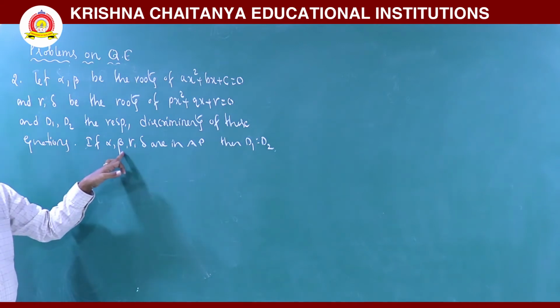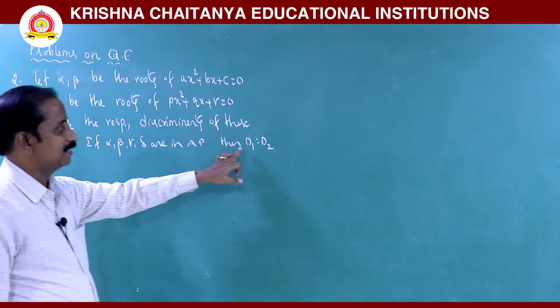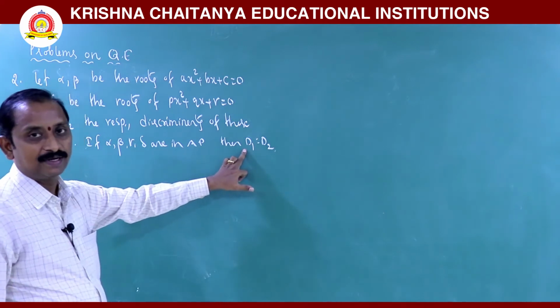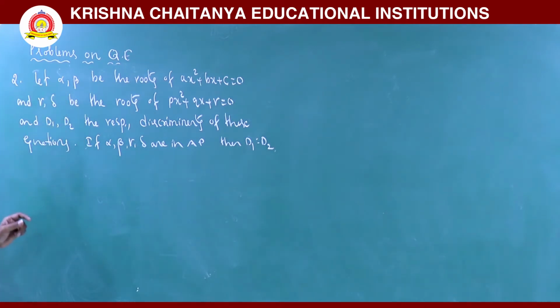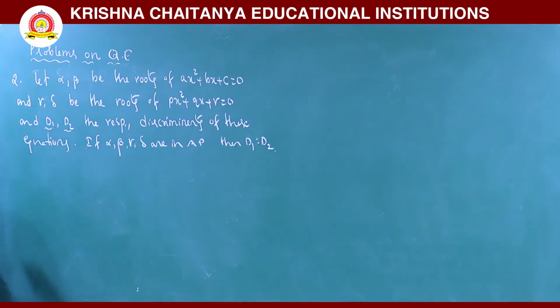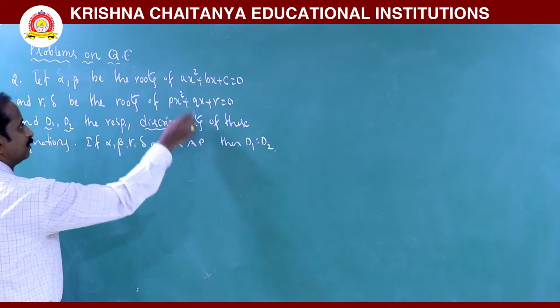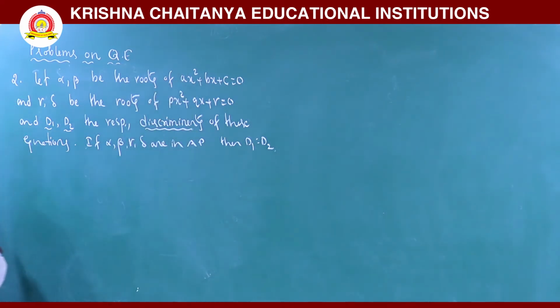If alpha, beta, gamma, delta are in arithmetic progression, then we need capital D1 is to capital D2. So first of all, observe what D1 and D2 are. D1, D2 are the discriminants of the given quadratic equations.